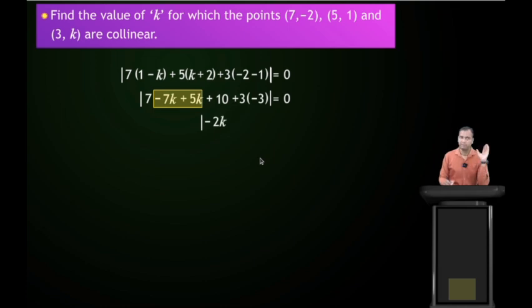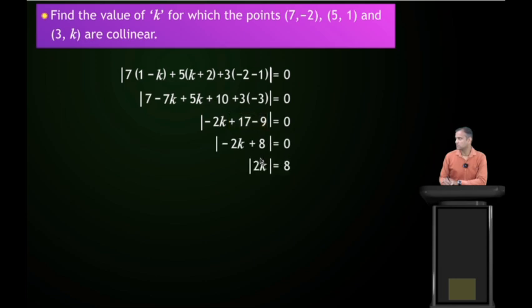So it can be written as minus 7k plus 5k, it is minus 2k, plus 17 and minus 9, and it can be written as minus 2k plus 8. Okay, it is again 0. So 2k equals 8, or k equals 4. So here the value of k is 4.